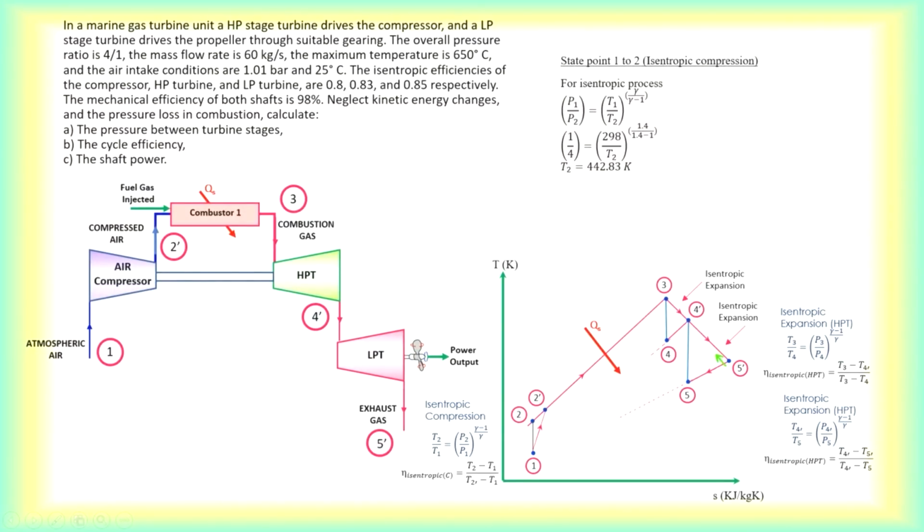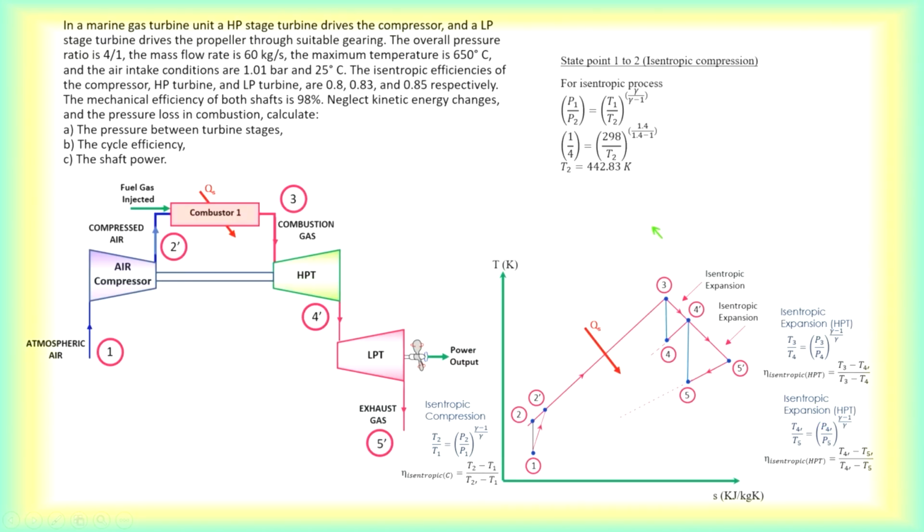For the turbine, the isentropic efficiency should be actual over theoretical, and this one also actual over theoretical. The isentropic relationship should be between 4 prime and 5, and 3 and 4 here. That's what I have written down here.